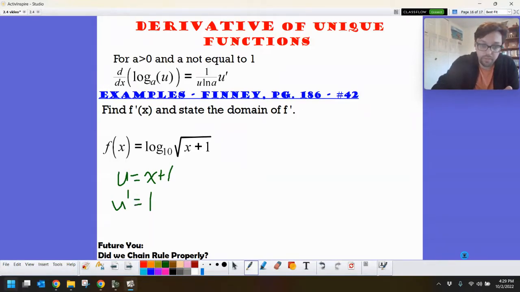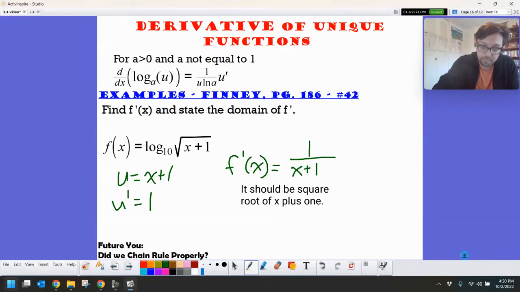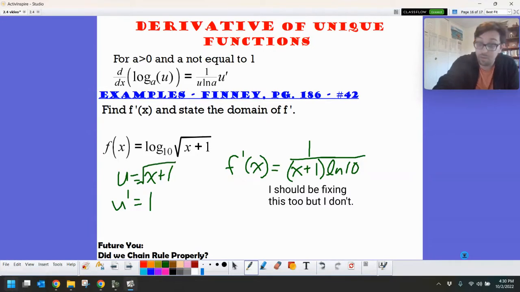So this derivative, f prime of x, is going to be 1 over our u, which in this case is x plus 1, multiplied by the ln of a, which is the base of our logarithm, multiplied by u prime, so the derivative of that thing. Oh, wait, sorry. Square root of x plus 1.